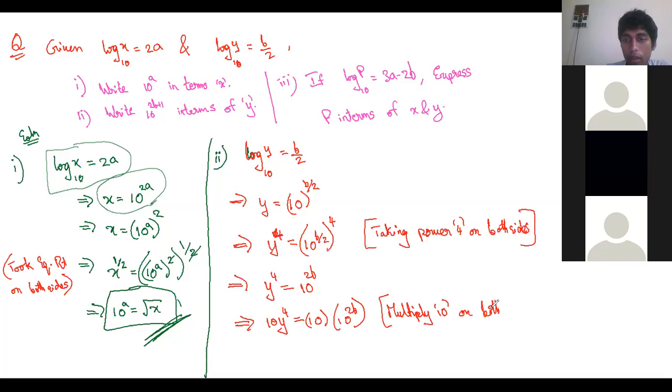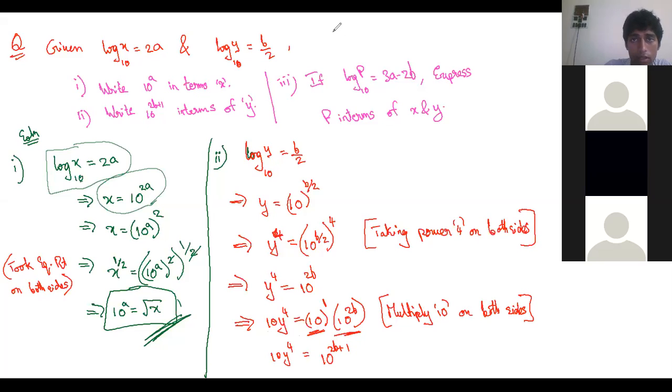Next step. Here the bases are the same: 10 power 1 and 10 power 2b. If bases are the same, then we add the powers. So 10 to the power 2b plus 1.